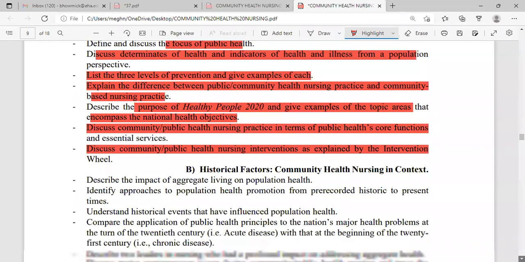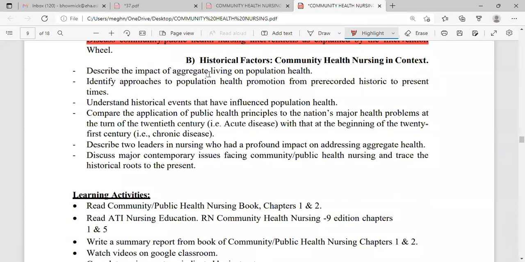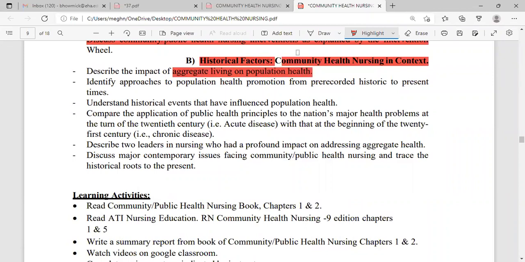And what else? The next is historical factors, community health nursing in context, and describe the impact of aggregate living and population and identification approach to population health promotion from historic and also present times.